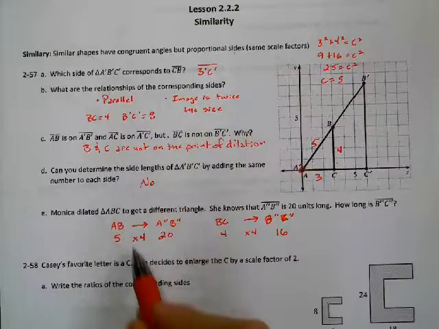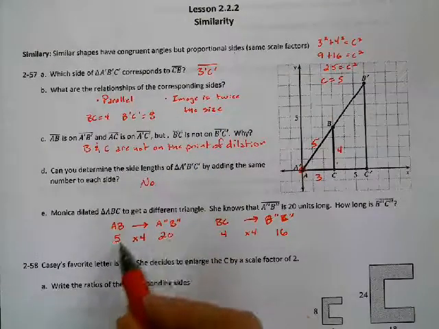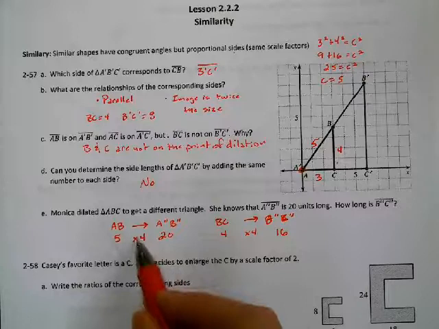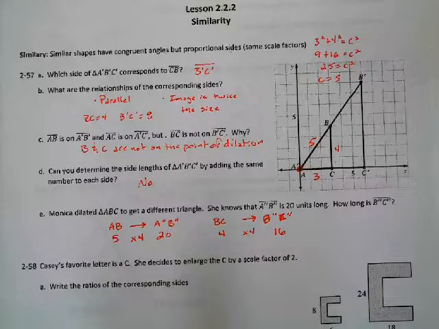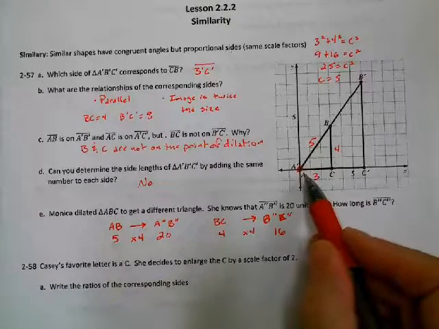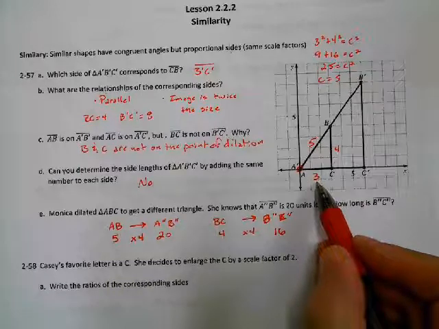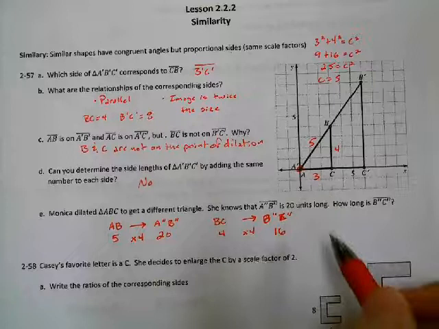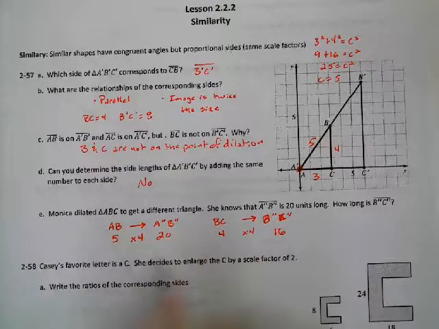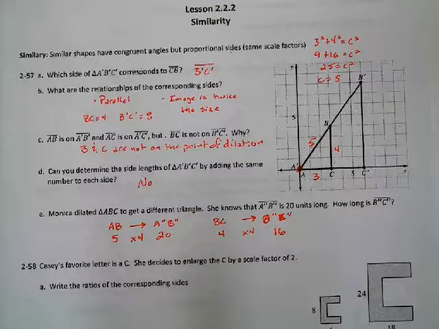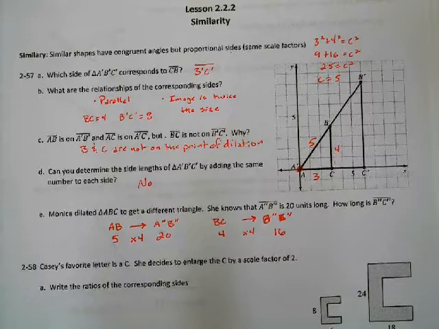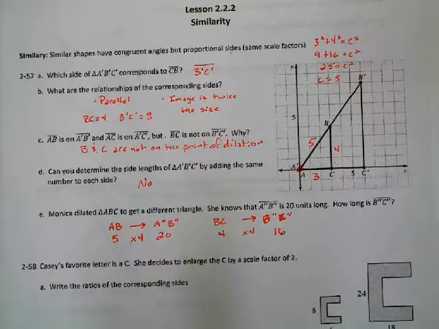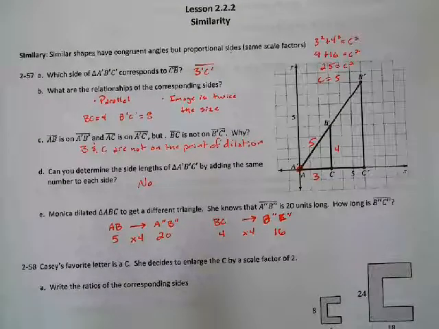If we're growing by the same amount, or the multiple of the same amount, all the sides will grow by that same amount. So this side AC, if we multiplied it by 3, we'd get 12. So the triangle would be 12, 16, 20 for A prime prime, B prime prime, C prime prime. That's what proportional means. We have the same multiplier between the original and the copy.